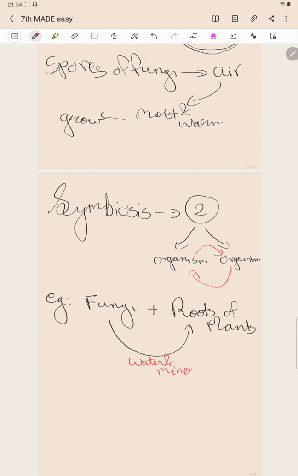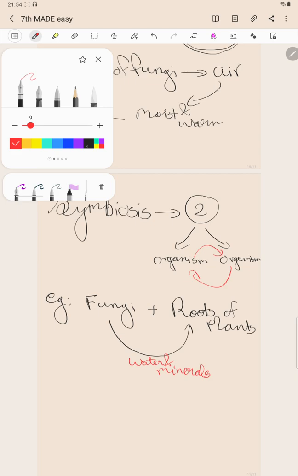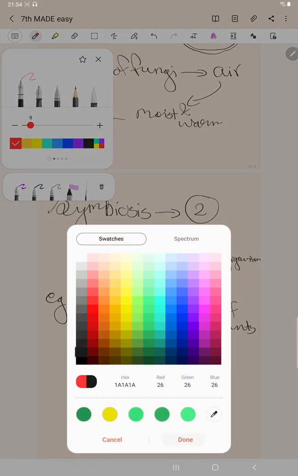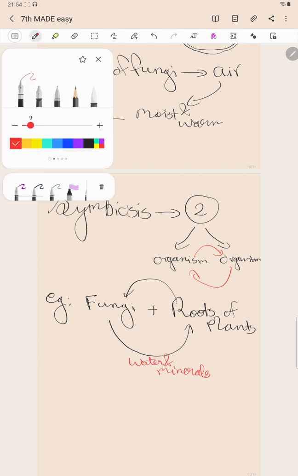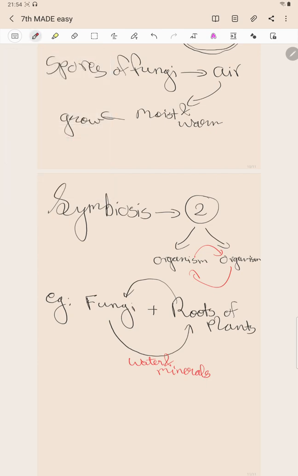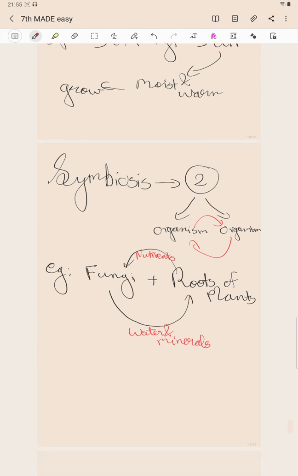So water and minerals are being absorbed via the roots of plants, and the fungus is helping to do it. Now, what does the plant do? It's quite simple. The plant provides shelter for the fungus and also some nutrients. Since the plant is a huge structure and contains a lot of food, it provides a lot of nutrients for the fungi, and the fungi in turn form special structures in the roots that help to absorb water and minerals. So they both are helping each other.